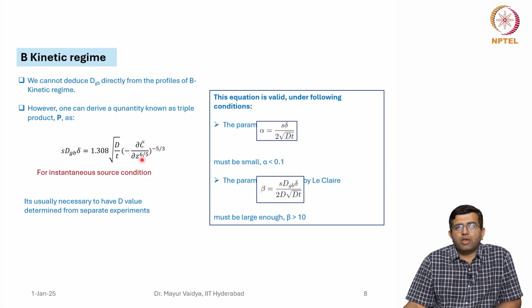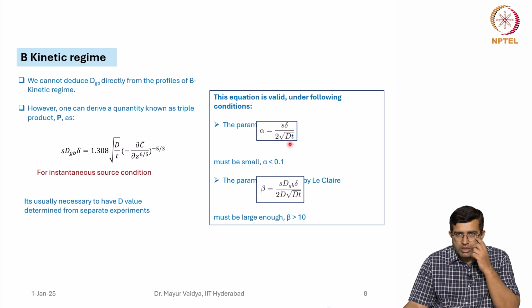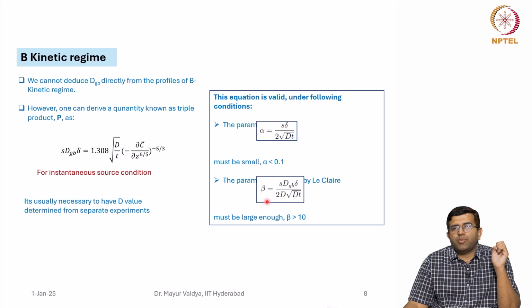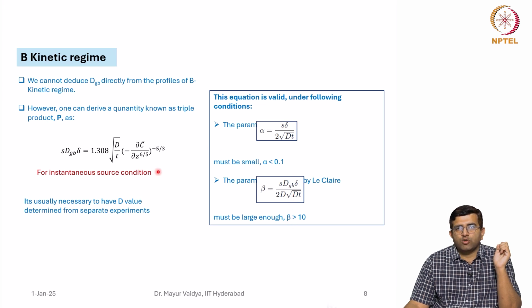So, this particular equation is valid when the parameter alpha is less than 1. This alpha is s delta by 2 root Dt, and the parameter beta, s D_GB delta by 2 D root Dt, must be large enough, that is greater than 10, for this solution to be valid. So, remember, alpha should be less than 0.1 and beta should be greater than 10.